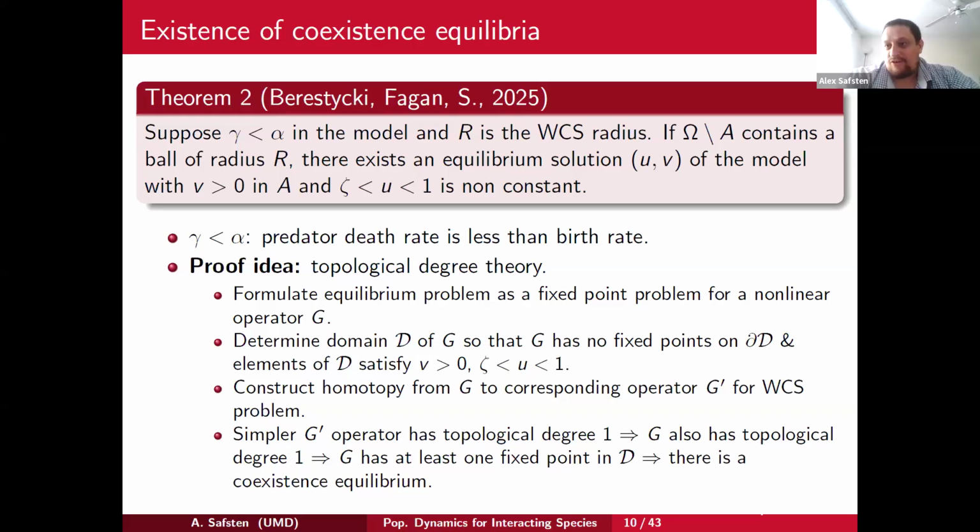And we also have to make sure that this domain satisfies the properties that we want the solutions to have, namely V is bigger than 0 and U is between zeta and 1.